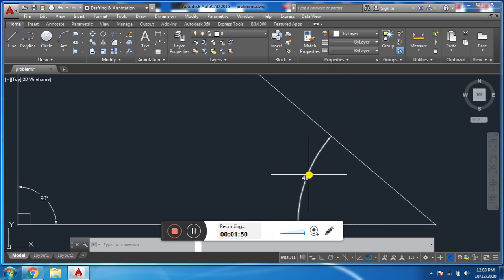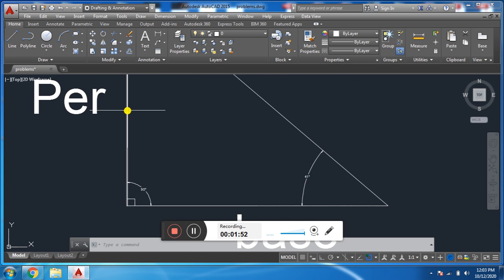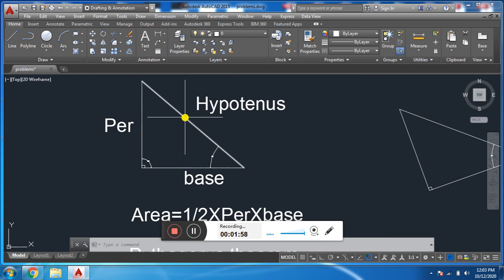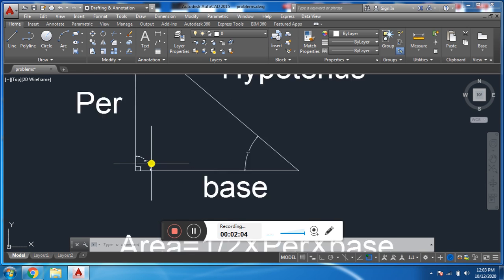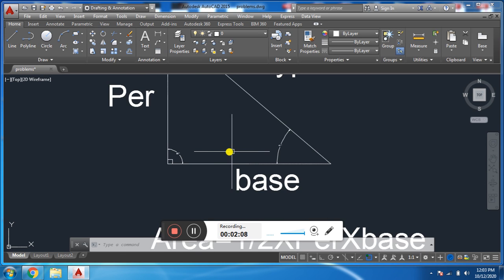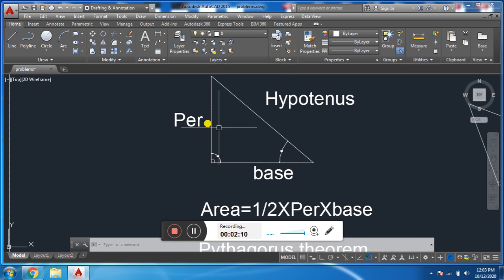This is the angle and opposite to it is this side, which we consider perpendicular.